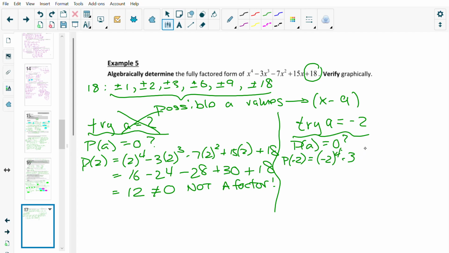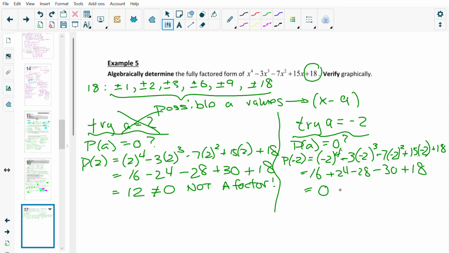And let's work through this example here. So yes, this is a factor. Yay. All right.